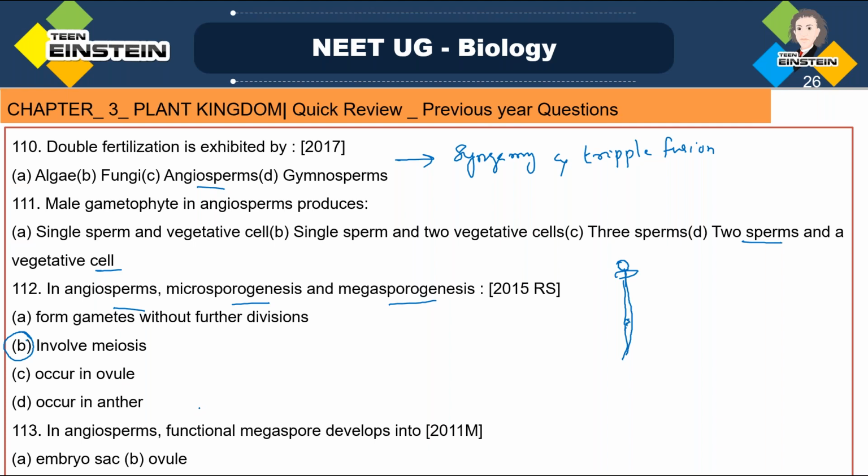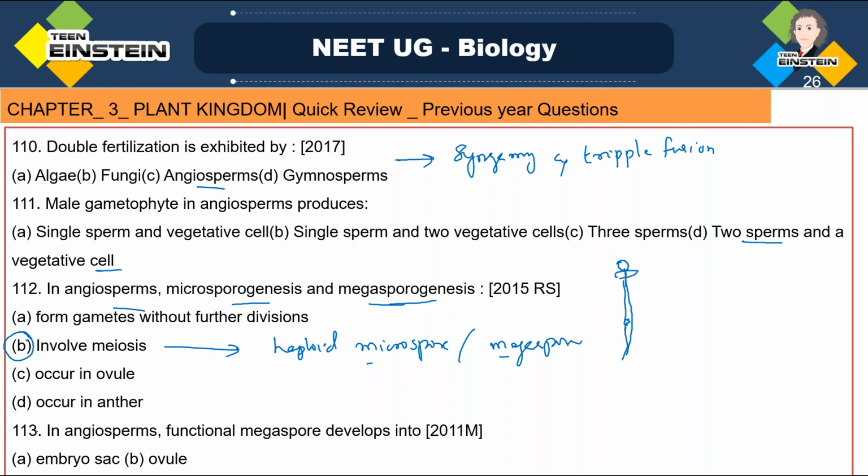So the microspore mother cell and the megaspore mother cell undergo meiosis to produce haploid microspores and haploid megaspores. Both will be in haploid condition. Okay.